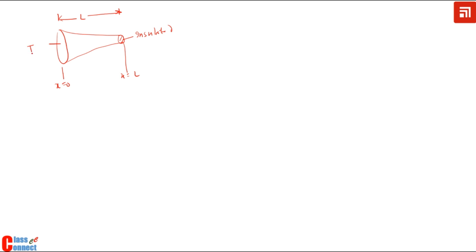This is the base temperature Tb, the ambient temperature is Ta. The k, A, P are the thermal conductivity, area of cross section and perimeter of the pin at any section.